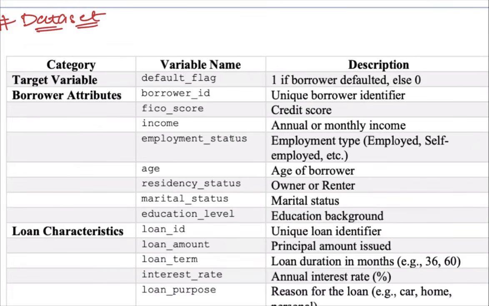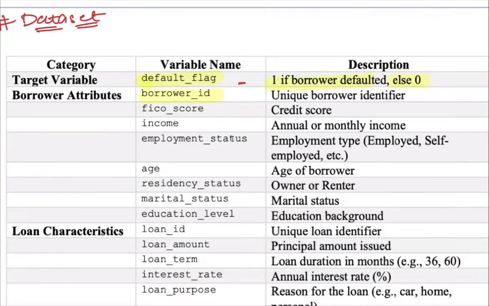The first thing is default. In the data set, you will have whether the borrower has defaulted or not. There will be a column which says default flag, and it will be 1 if the borrower has defaulted, and 0 if the borrower has not defaulted.